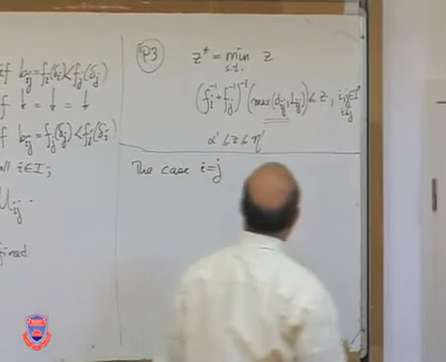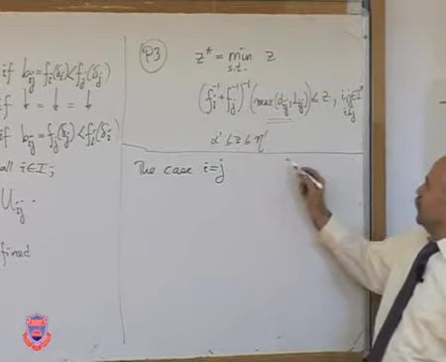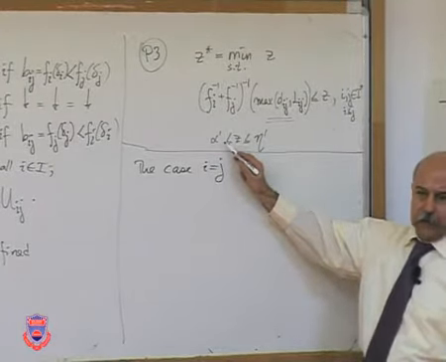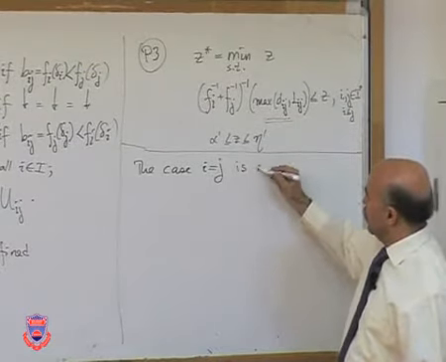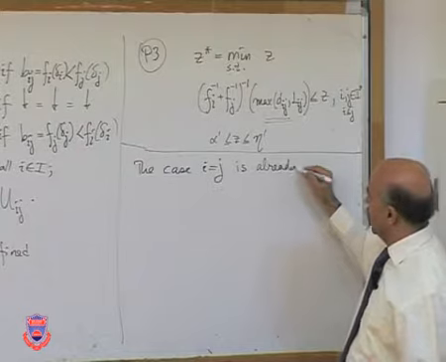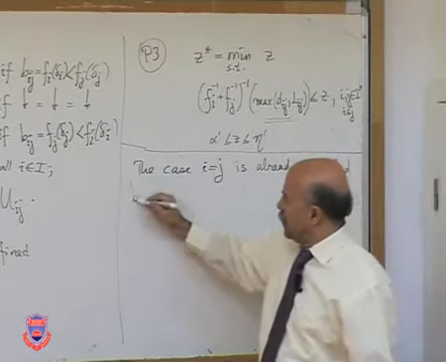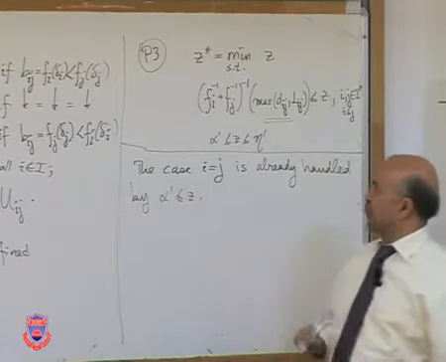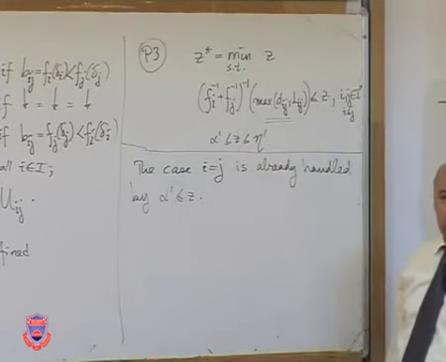First of all, the case i equals j is already handled by the restriction of z to values greater or equal alpha prime, because alpha prime is the maximum. Okay?